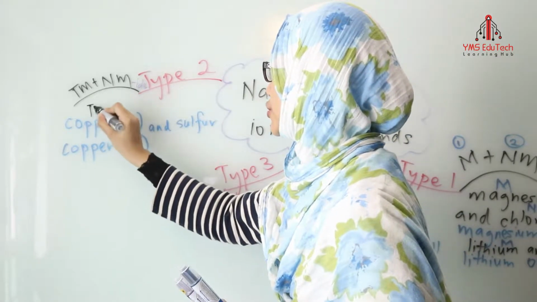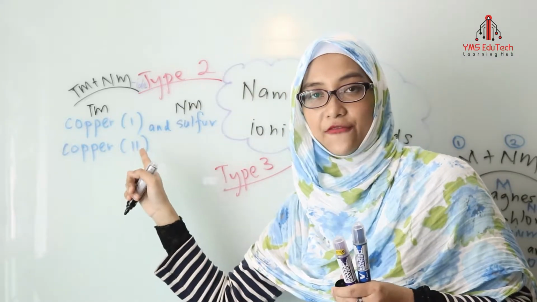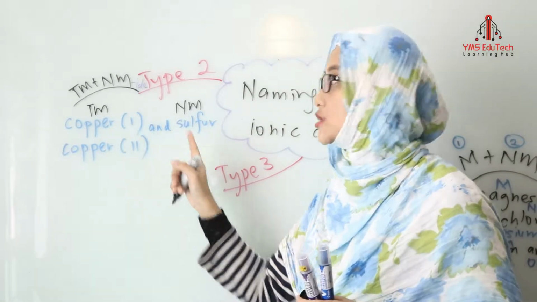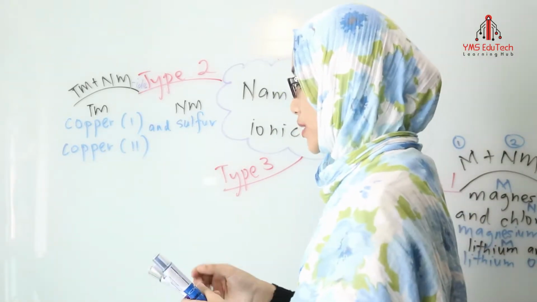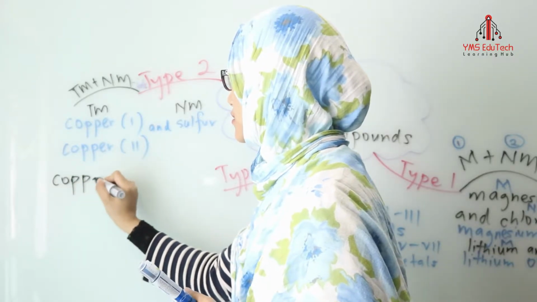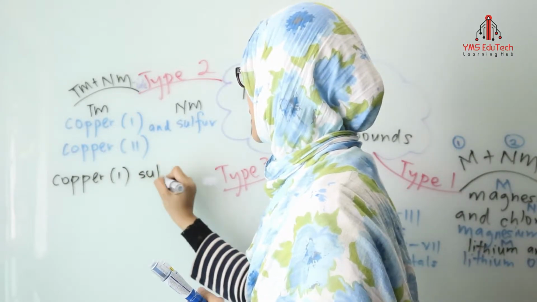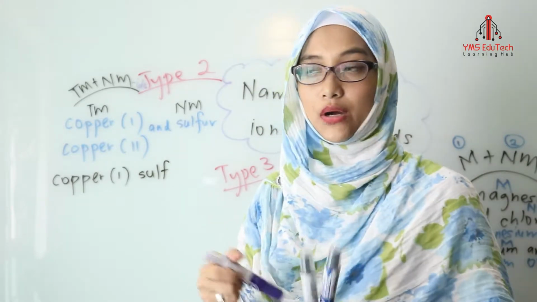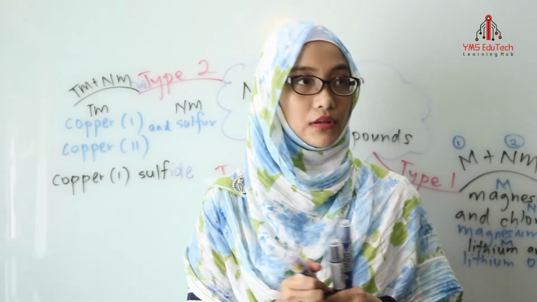The transition metal must come first, followed by the non-metal, and the non-metal must be accompanied with IDE at the back of its name. So we will have copper 1 sulfide. Okay?